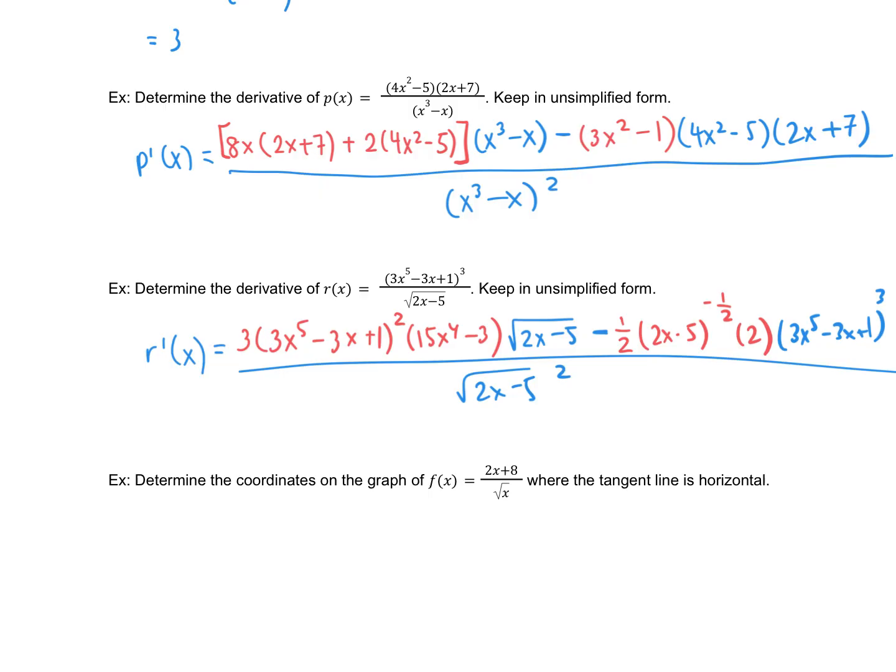Now I did just realize I didn't put restrictions for any of these. I could add those in. So this denominator would factor out an x. I have a difference of squares there as well.